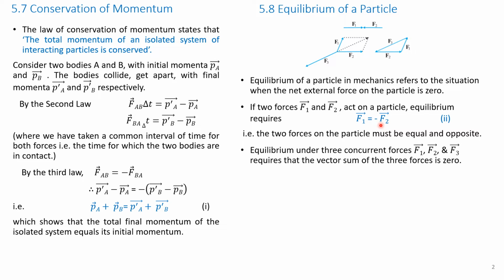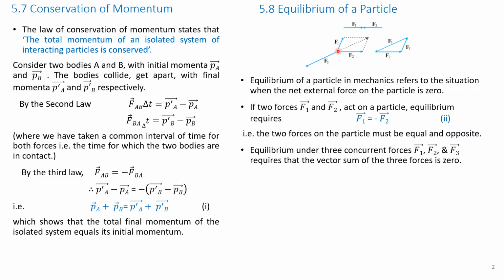Equilibrium under three concurrent forces, vector F1, vector F2 and vector F3, requires that the vectorial sum of the three forces is 0. Please see the figure above once again. Vector F1, vector F2 and vector F3 act on the particle.